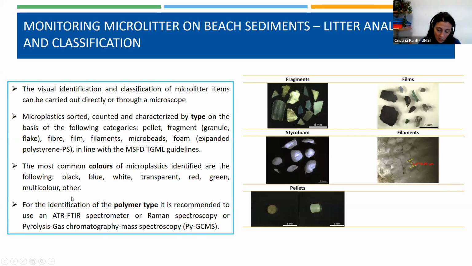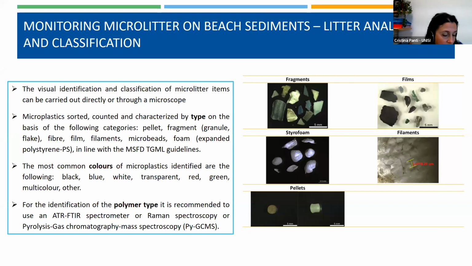And in the end, one of the most important analyses, but not always feasible for all researchers, or for all the people that are interested in this kind of monitoring, is the polymer type identification, which can be performed with an FTIR spectrophotometer.